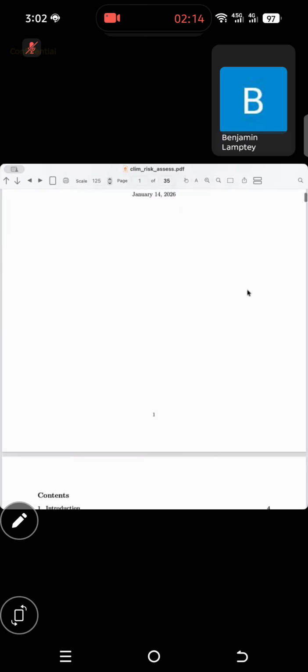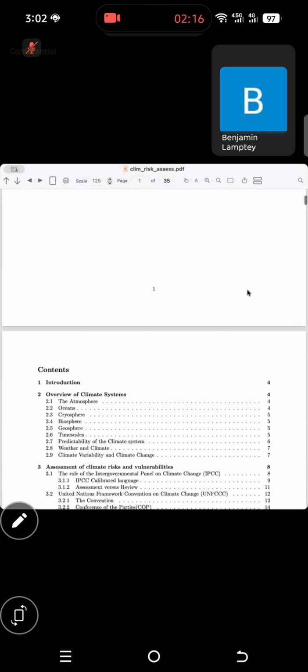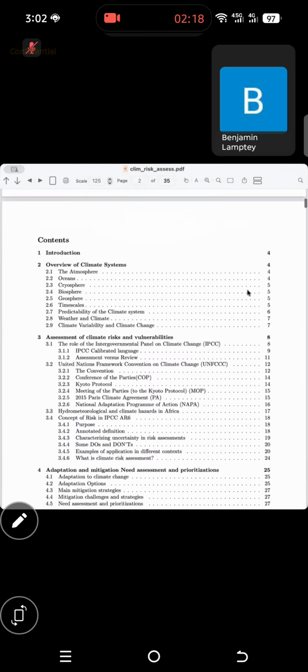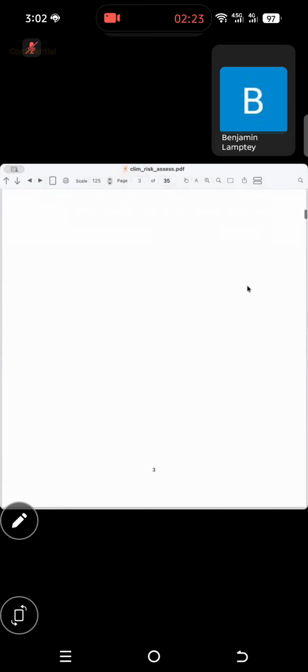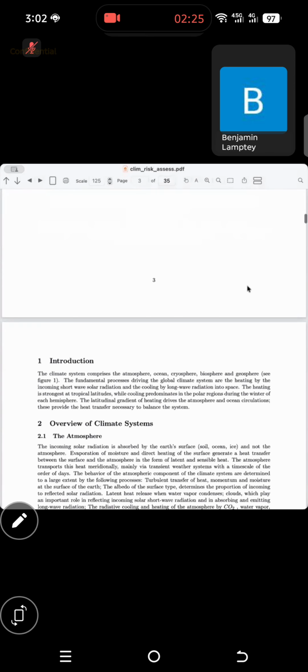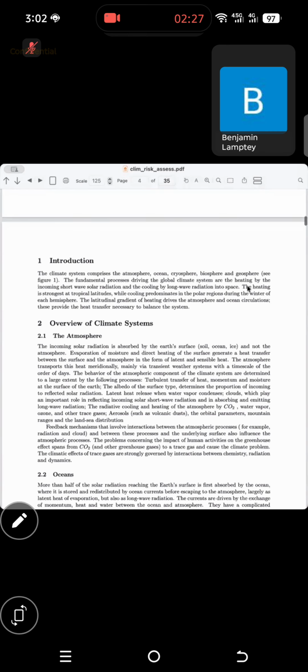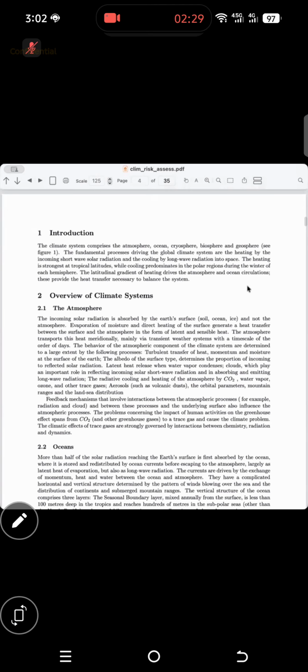Now, I will share these notes with you after. Basically, the climate system, as we all know it, has components. I hope you can see the notes.